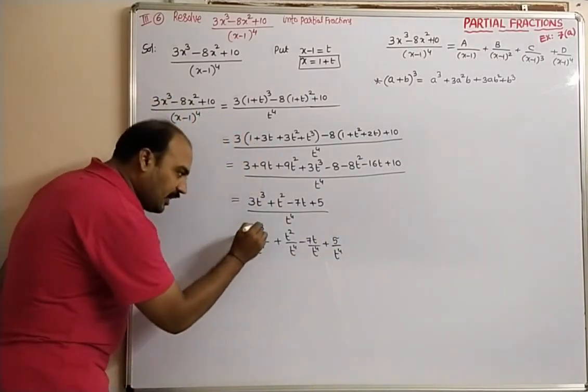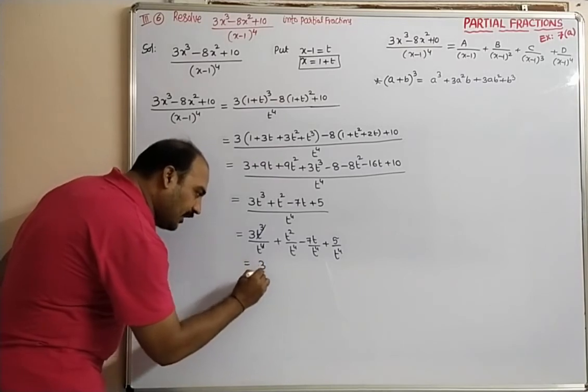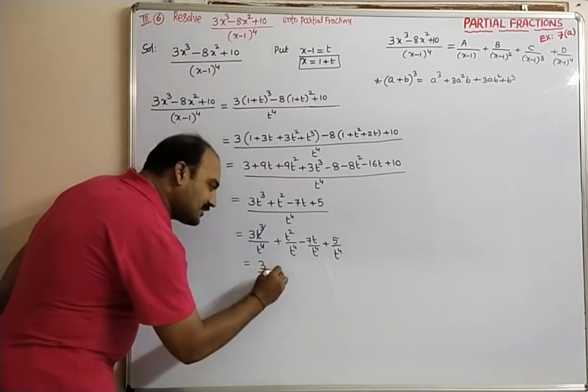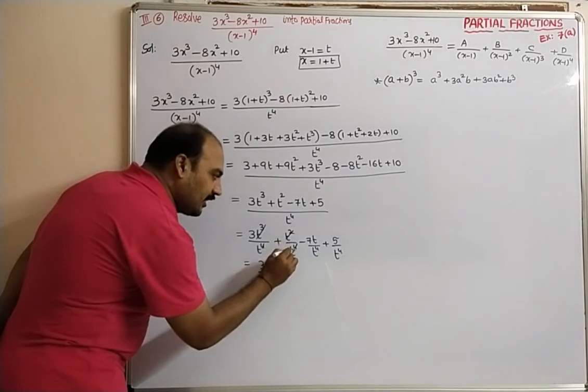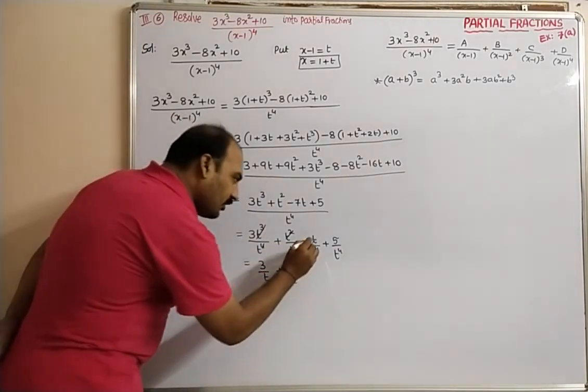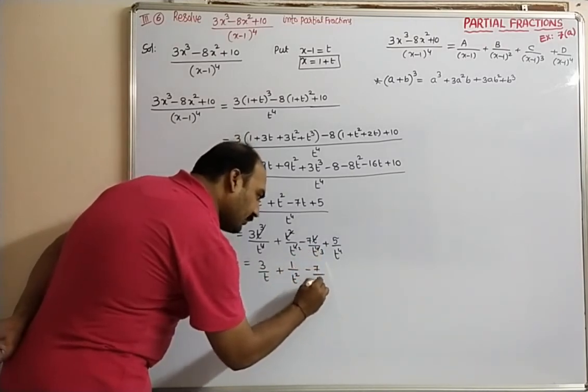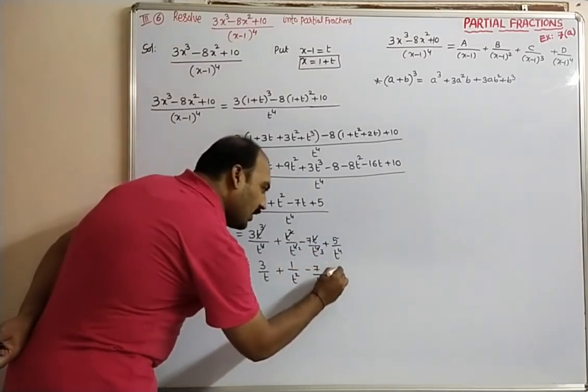Here t power 3 cancels, leaving 3 by t; t square cancels, leaving 1 by t square; one t cancels, leaving minus 7 by t cube plus 5 by t power 4.